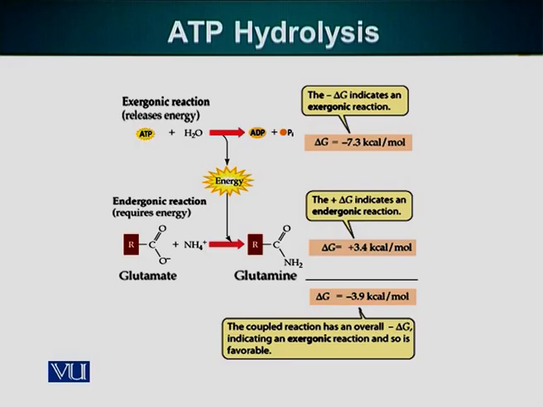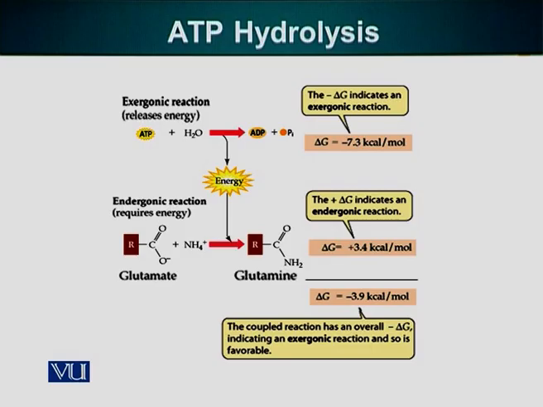I would like to mention that in my previous slide, I said that the energy released from ATP hydrolysis is minus 12. That's the physiological value of ATP hydrolysis. When ATP hydrolysis occurs inside the cell, the amount of energy, delta G, is minus 12. Here in this example, we are going to consider the value of delta G as 7.3 kilocalories per mole.